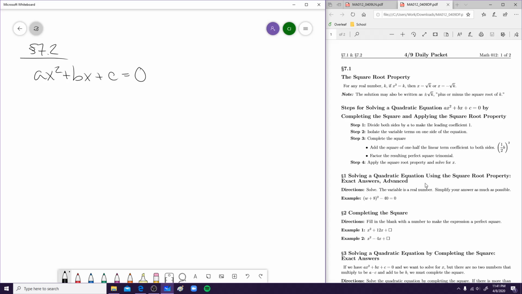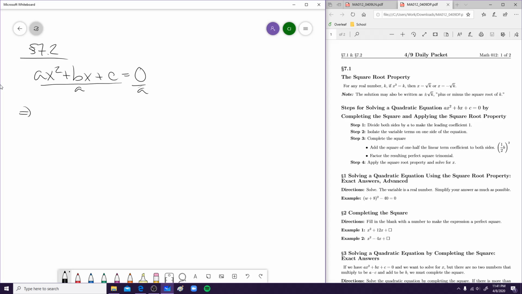So I'm going to do step 1, and I'm going to divide both sides by a, so I can make the leading coefficient 1. When I do that, keep in mind I have to divide every single term.